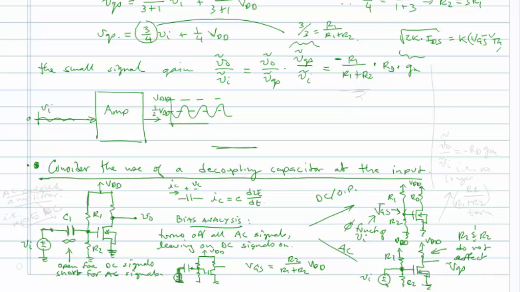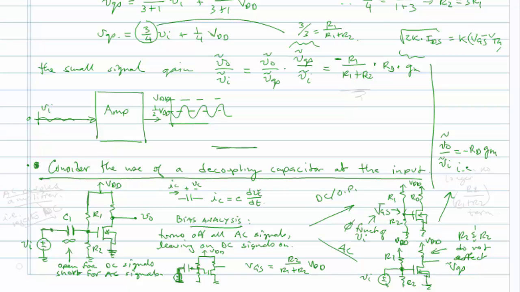The advantage of this scenario is that the voltage gain, sorry for the crowdedness here, VO small signal over VI small signal, is now just minus RD GM.